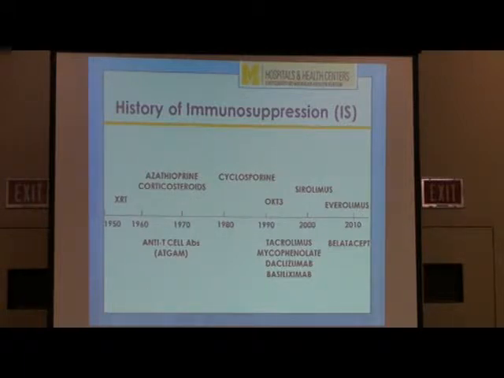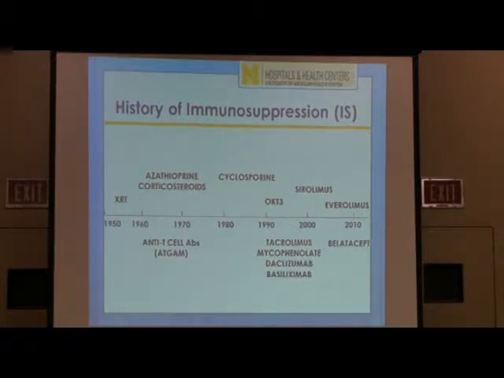In the 1990s, further agents were developed. These agents still have their own toxicities that we're dealing with. They have improved patient and graft survival, but there's still much work to be done in minimizing toxicities. Between the years 2000 and 2010, there was really only one medication approved for use in transplantation.